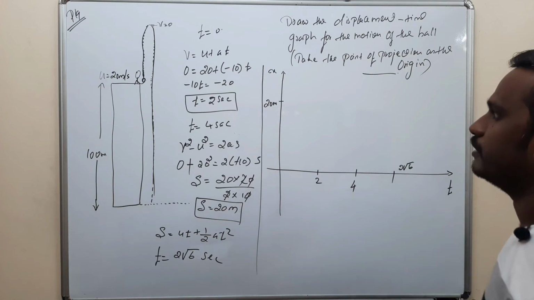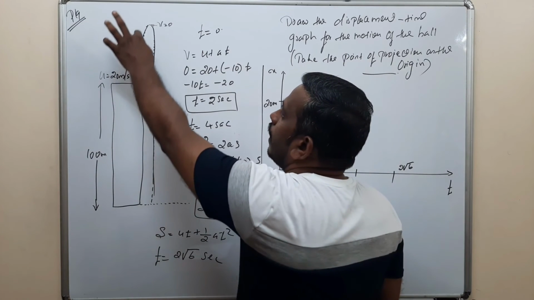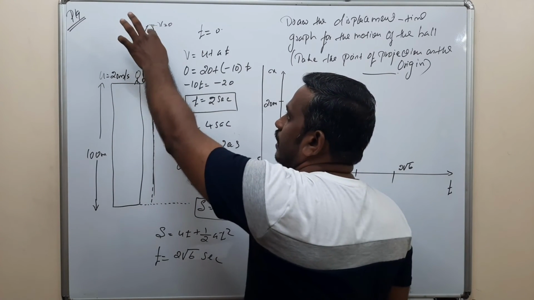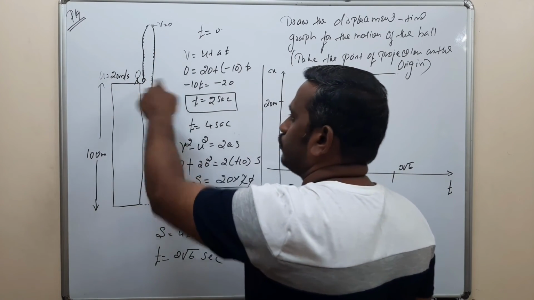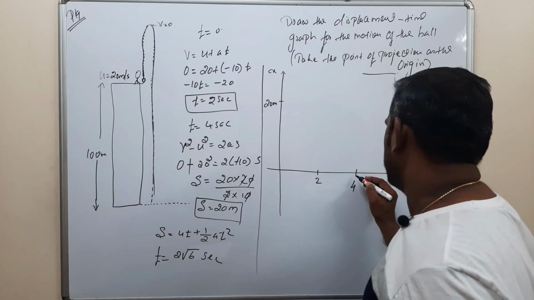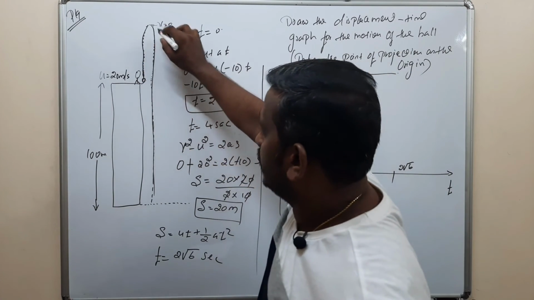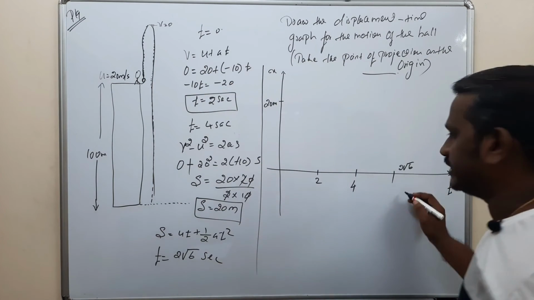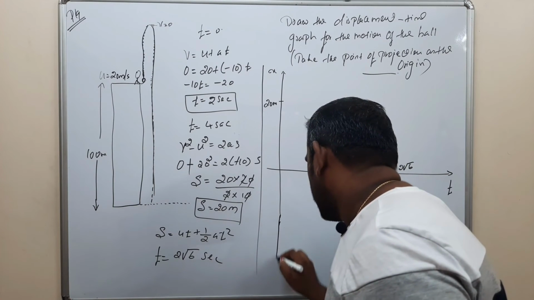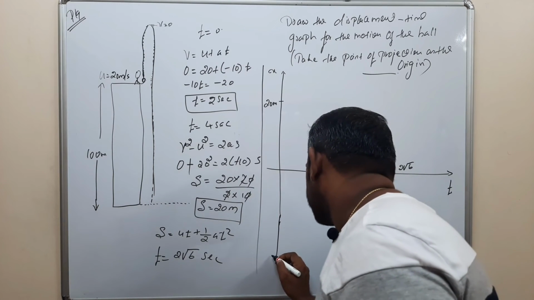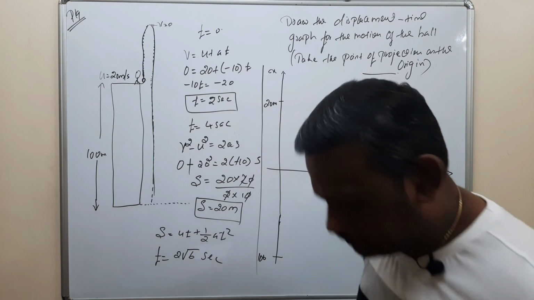When the ball reaches the mean position, that is 4 seconds, the ball comes to the original position, that is displacement is 0. At the time 2 root 6 seconds, the ball reaches the ground, that is minus 100 meters. Am I right? Minus 100 meters.